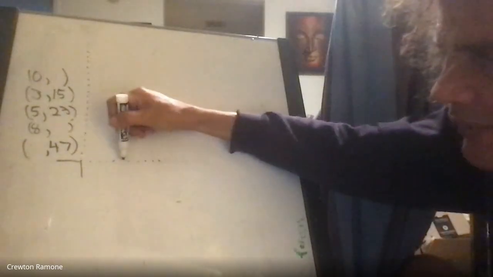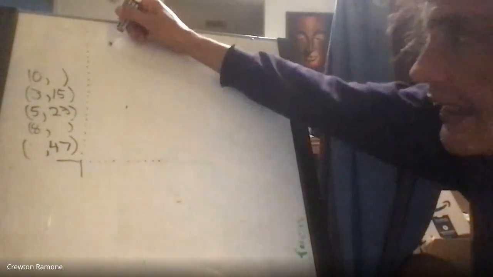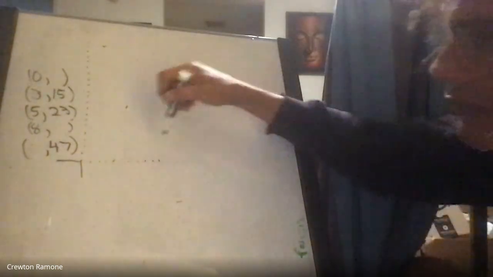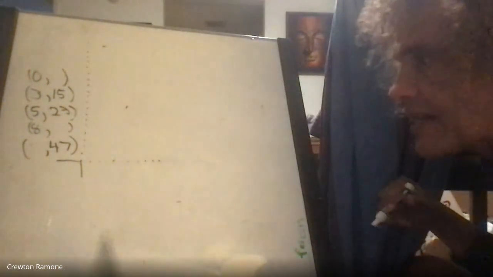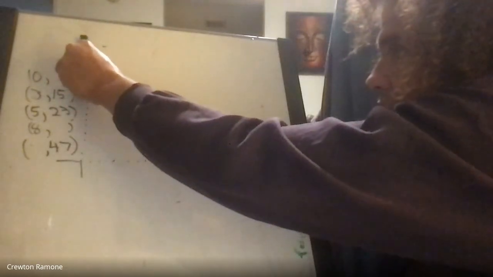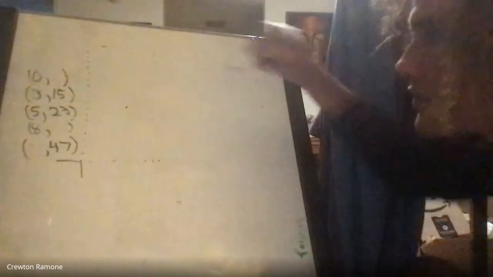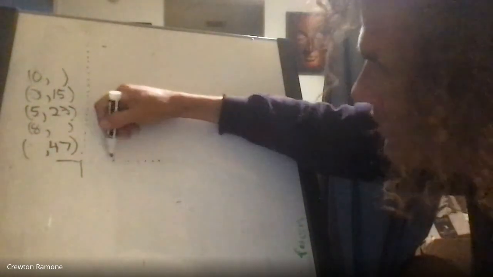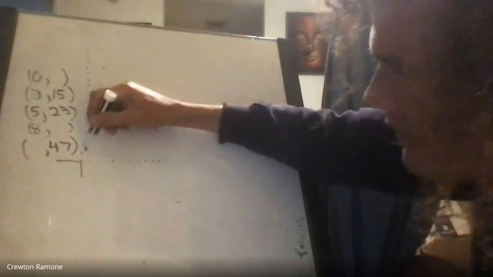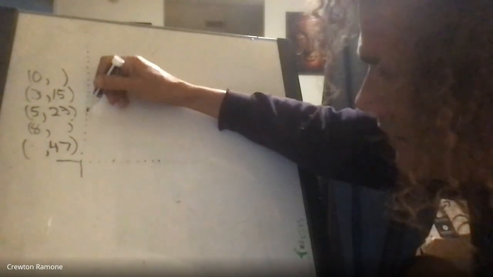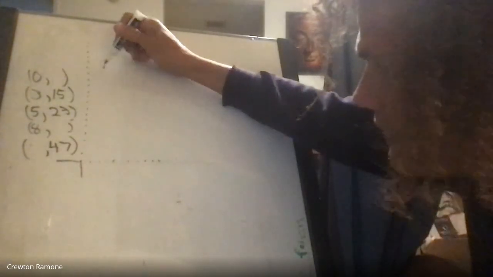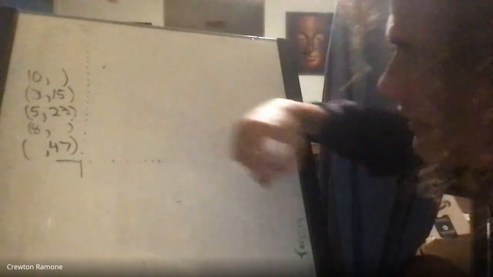But if I say 3 and then I say 15, I know I'm right here. Well, actually, wait. I got to count. And I can measure. That's 10, 11, 12, 13, 14, 15. It's right there. So at 3, 15. And if you count the dots, 1, 2, 3, 4, 5, 6, 7, 8, 9, 10, 11, 12, 13, 14, 15. There it is. And over here, 1, 2, 3.